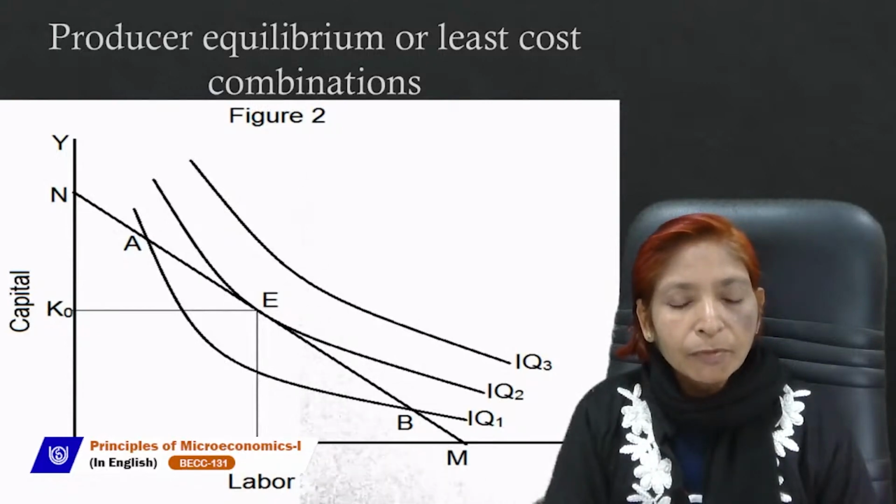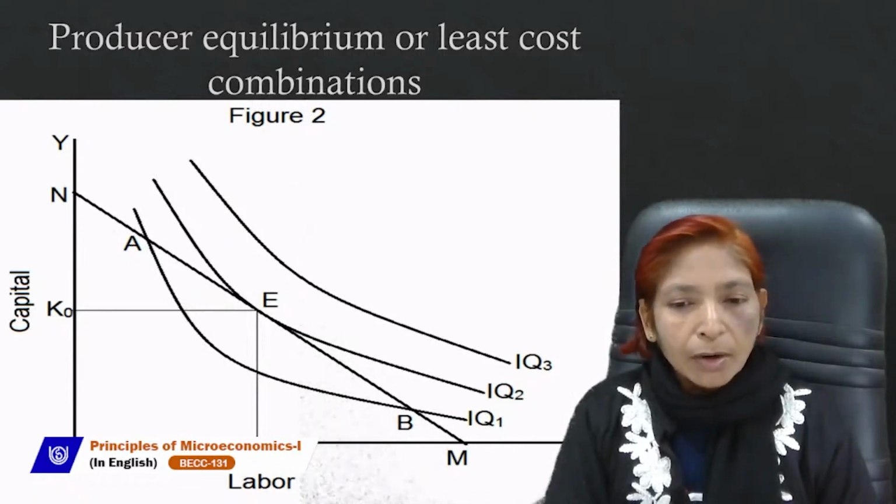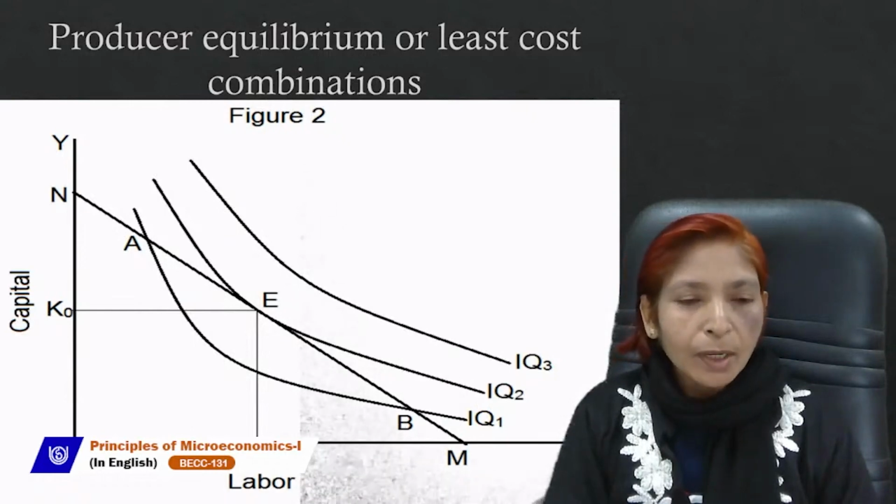So equilibrium will be attained only at point E, not on the above isoquant curve and not on the below isoquant curve.